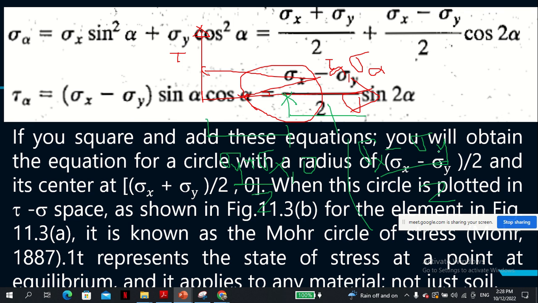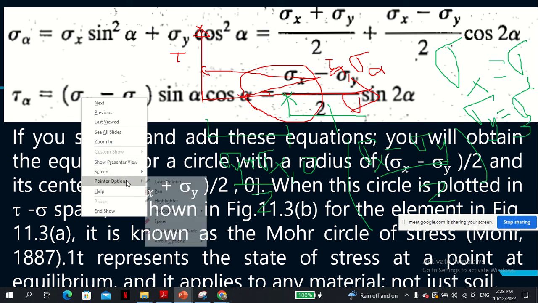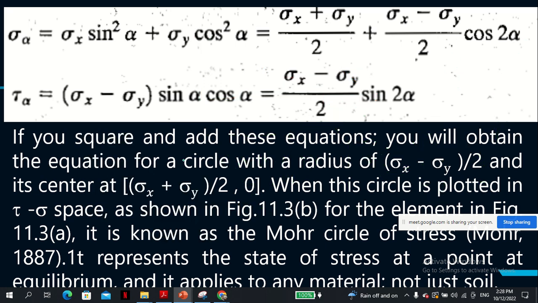Now, sigma x is usually just called sigma 1. It's going to be very common, and sigma y is called sigma 3. I'm going to explain that in a while. So I think this is a fundamental principle that please make sure you have understood very well.